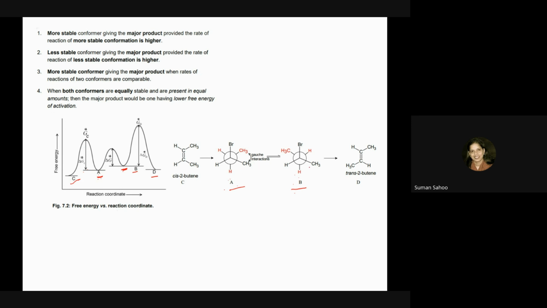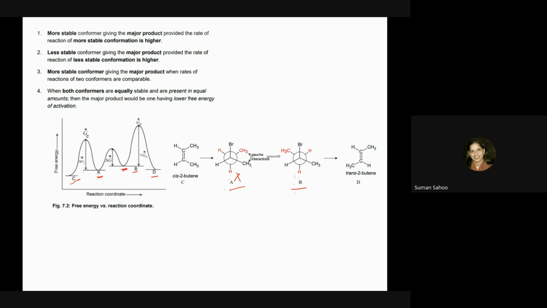In one, your CH3 groups are close to each other, or in the other, these two are opposite to each other. It is not exactly the eclipsed one, because here you would have gauche interaction. So this one is less stable, this one is more stable, so B should be more stable.